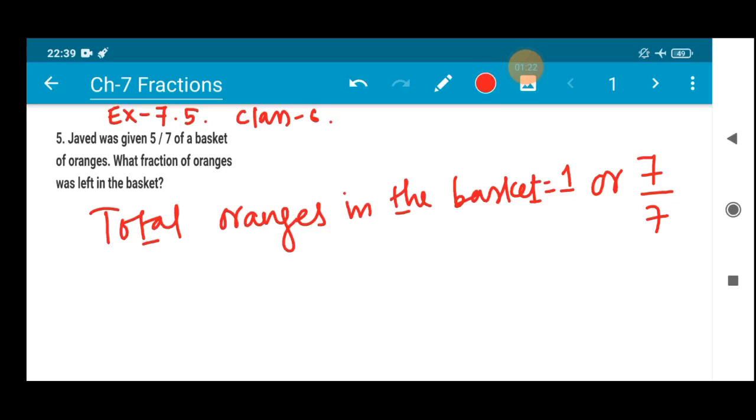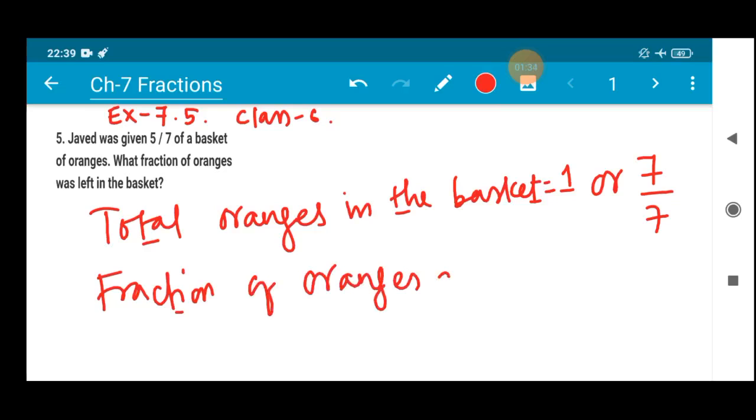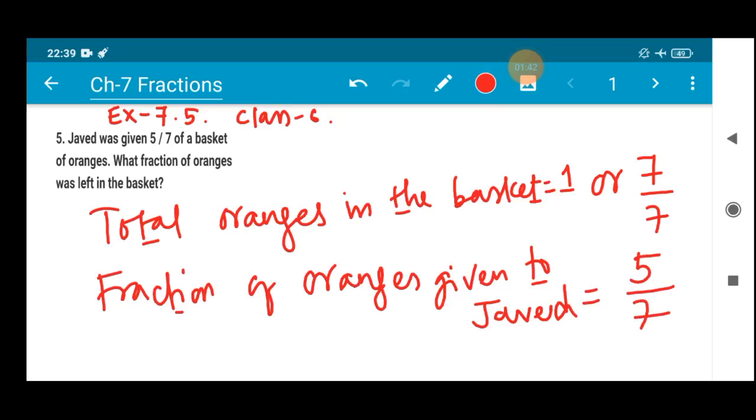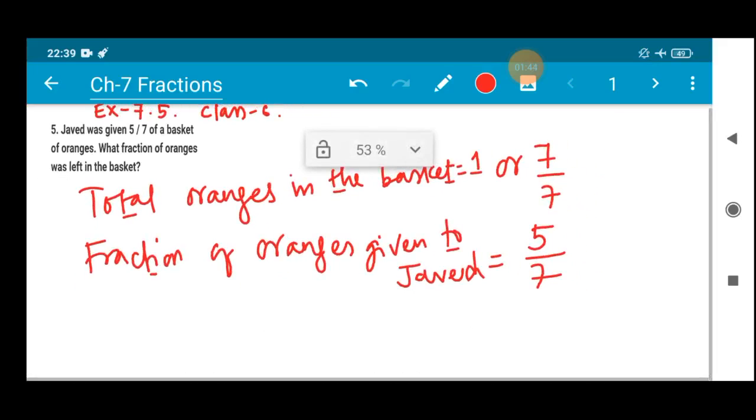So Javed was given 5 by 7 of a basket of oranges. Fraction of oranges given to Javed is 5 by 7. So what fraction of the oranges was left in the basket?